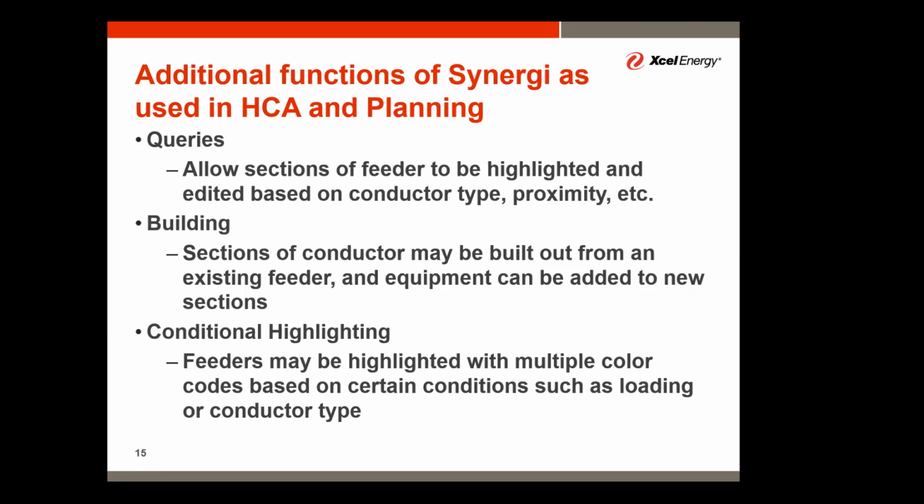So again, load flows calculates the voltage and amps and power going through the sections of feeder. If any issues such as an overloaded fuse pop up, it will again be highlighted with this conditional highlighting.